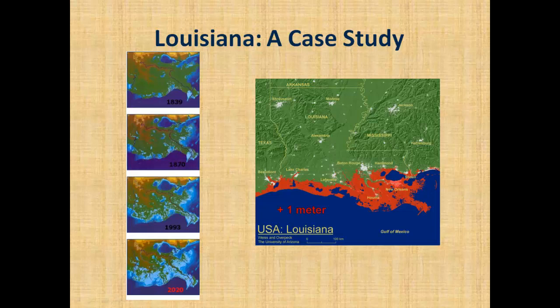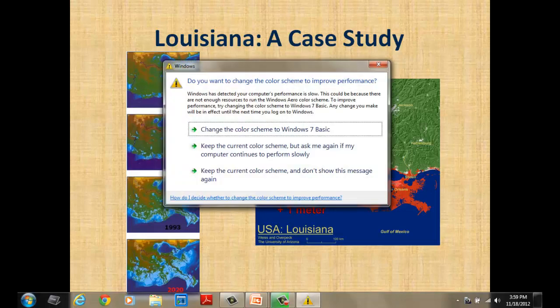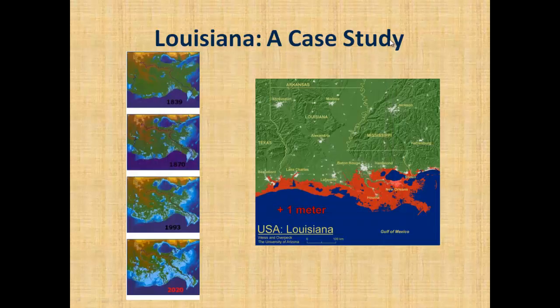The coast is lost to natural processes, like we discussed in this presentation, but also human processes too, such as dredging for canals, draining and filling agricultural land, and grazing land.